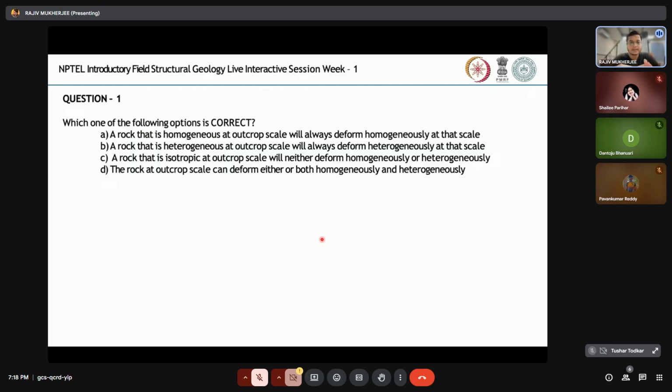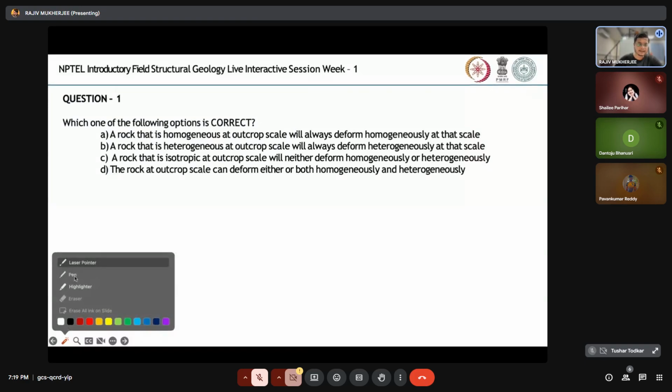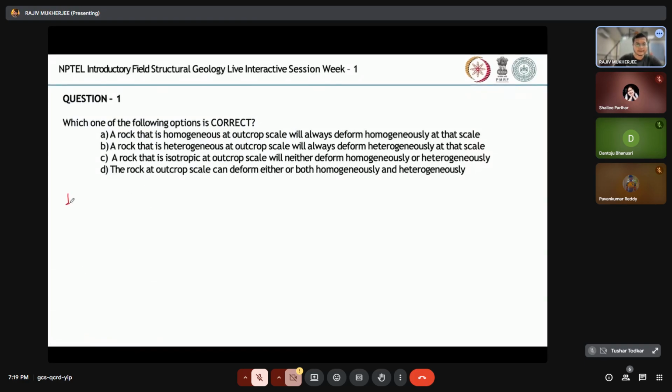So this is a question that is essentially talking about a material's compositional heterogeneity or homogeneity, the scale of observation, and then the mode of deformation. So there are three aspects of the question. If I may write, what are the three aspects? Number 1 is the composition of the sample.